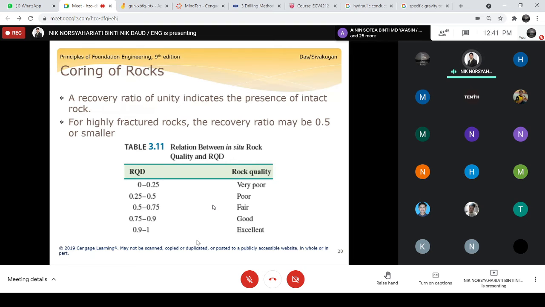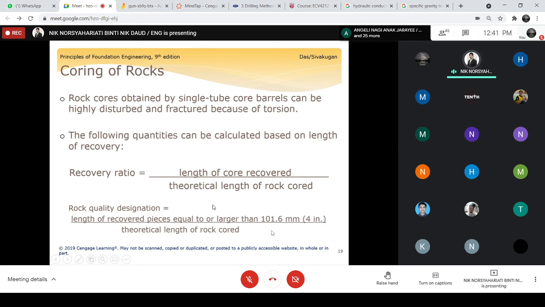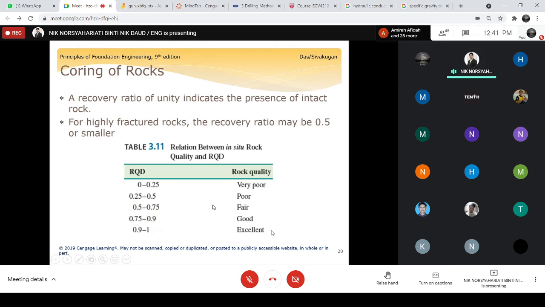Right. So for the rock quality designation, which is RQD, once you have the measurement, you use this equation and get the value. Then you refer to this table: if it's 0 to 0.25, it's very poor quality, and if it's 0.9 to 1, it's excellent quality.